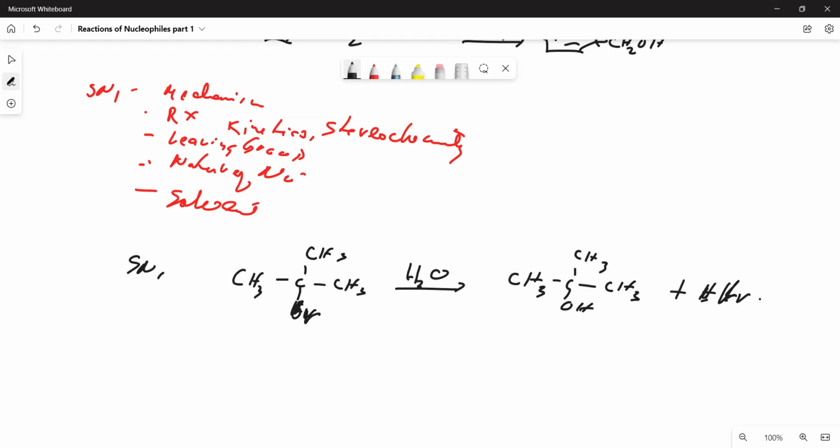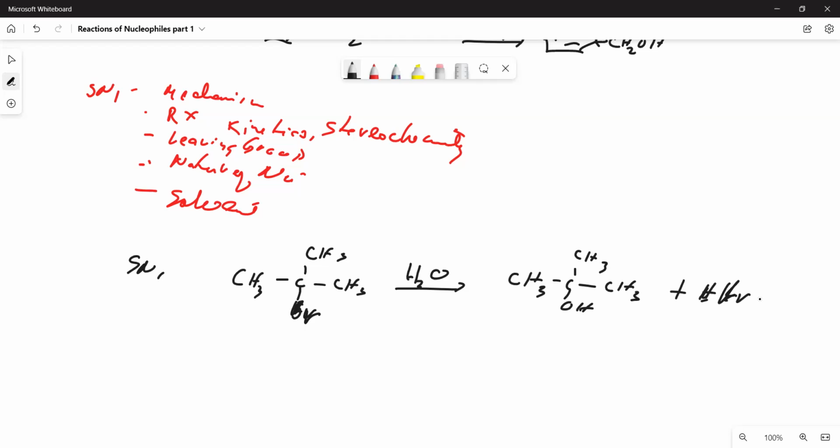One thing that you would notice in this overall reaction is, one, the nucleophile is not basic. It's usually the neutral one, the milder one, and there is a reason for that.